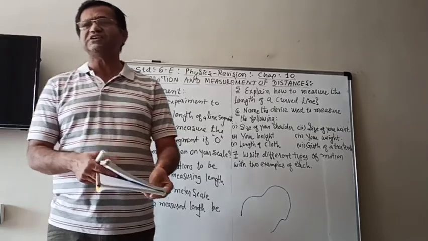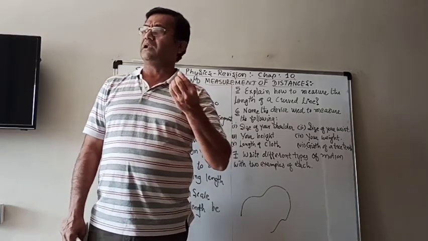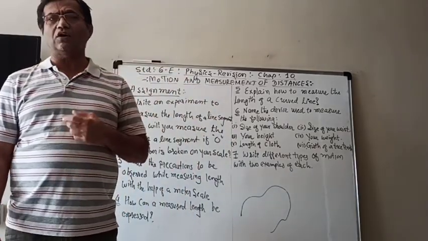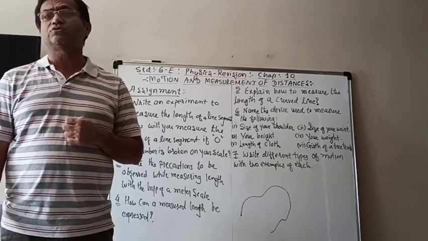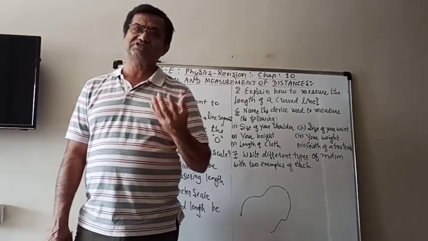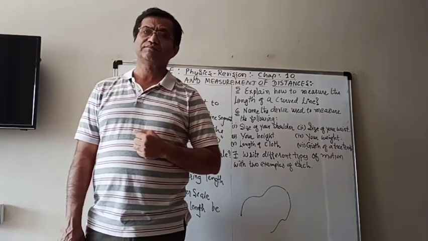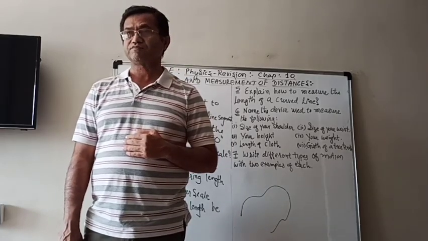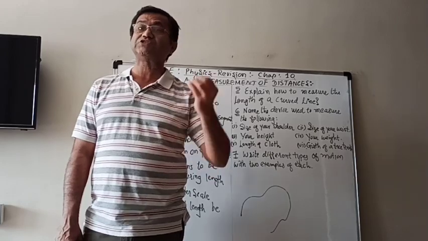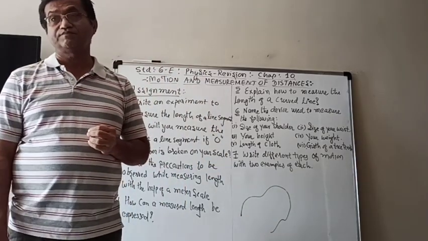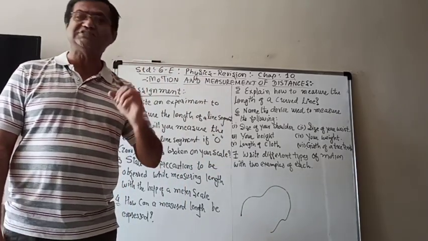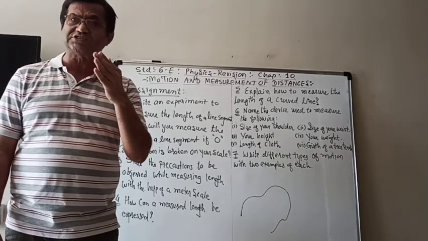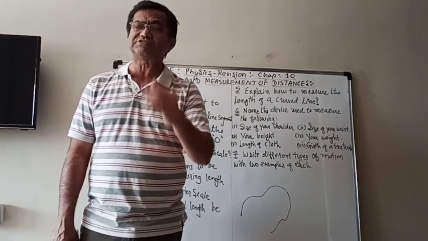Now sometimes you see that musical instruments, like guitar and sitar, have strings. When you pluck the string, it starts to vibrate. So it is also known as vibrating motion. It is the same as oscillatory motion, but the oscillations are very fast and very small.